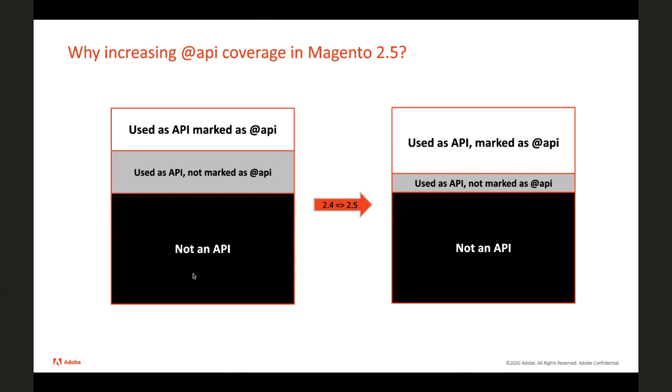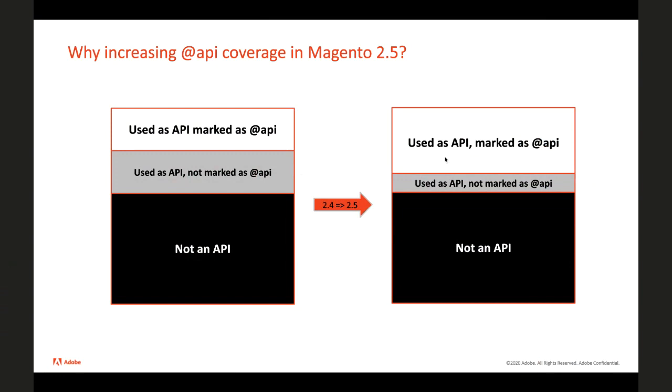Then there is another, larger section at the bottom, which nobody treats as API, and community members are not using this as API. And there is a layer in between, which we do not treat as API, but community members have to use for some reason. Usually this is because there is no adequate coverage in a specific area, and they have to use classes which are not marked as API.